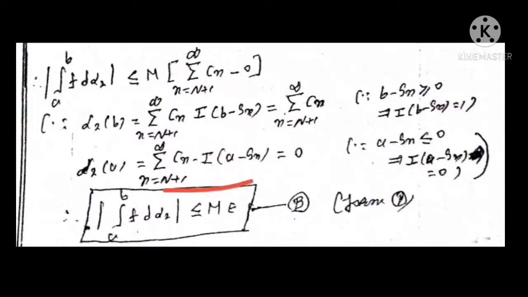Now a minus Sn is less than or equal to 0. Therefore the step function of a minus Sn is equal to 0, so its value will be 0. Therefore alpha 2 of a is equal to 0.